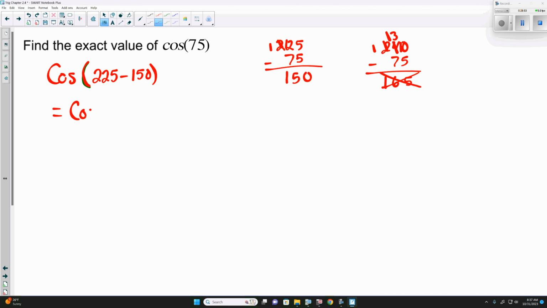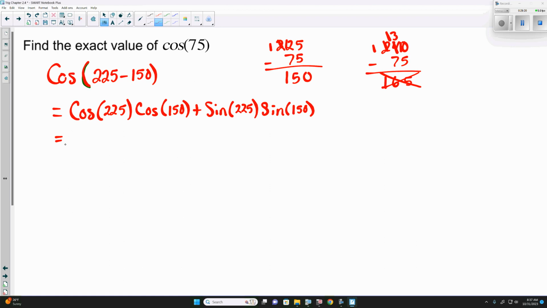Now this would equal cosine of alpha cosine beta plus sine of alpha sine of beta.